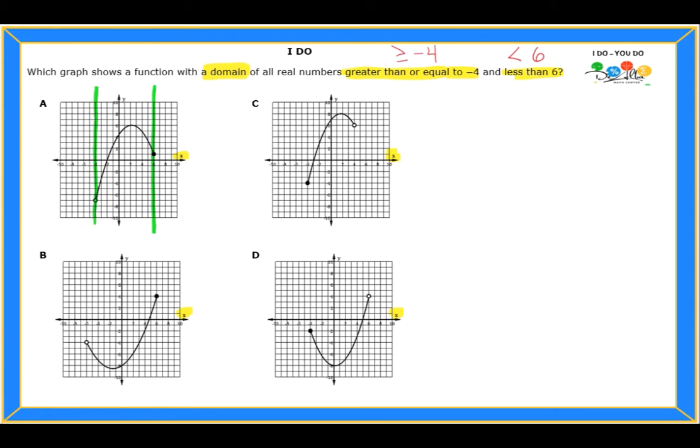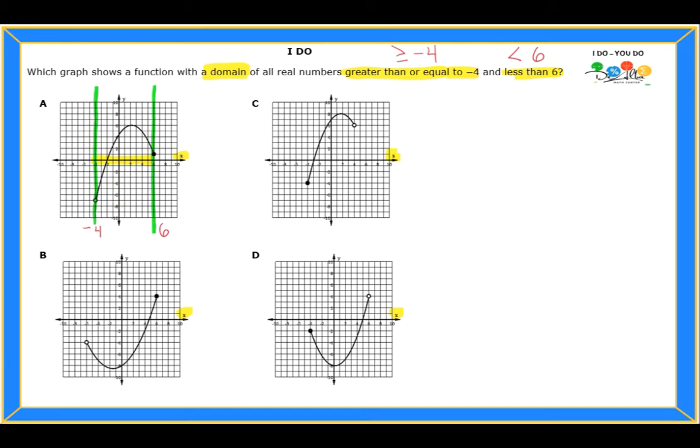So now I'm going to highlight my x-axis from one side of the wall to the other side of the wall, because domain is about x. So on A, tell me what numbers you have in between the two walls. On the left, we have a -4, and on the right, we have a +6. Okay? So I do need a -4 and I do need a +6, right?